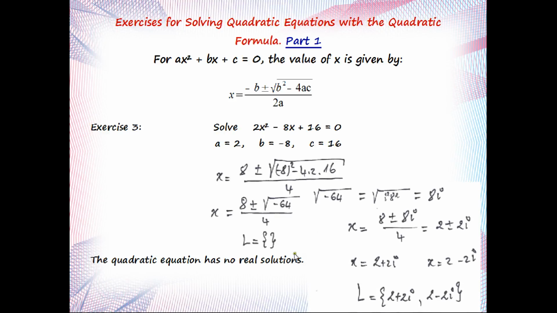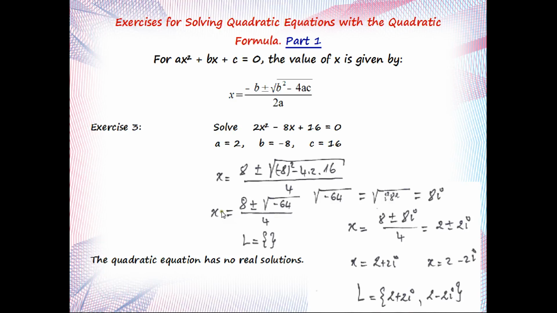We can write the square root of −64 equals the square root of i² times 8², because −1 equals i² and 64 equals 8². This means the square root of −64 equals 8i.